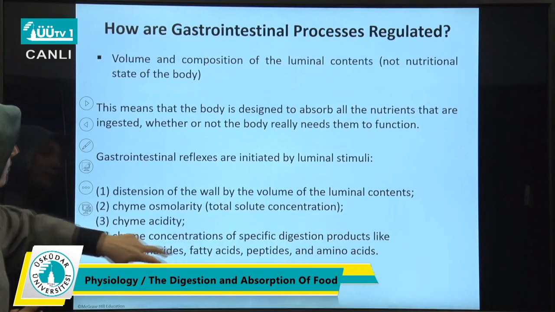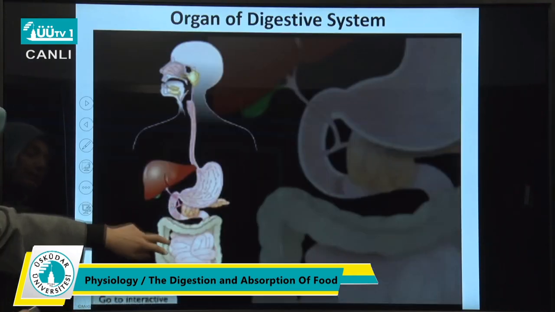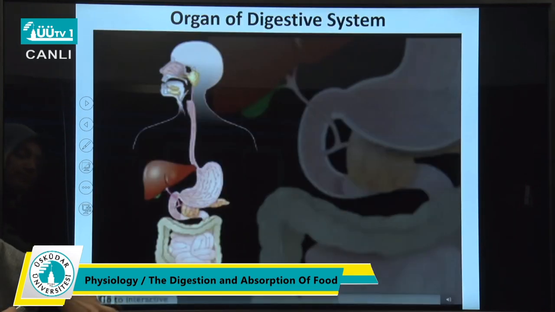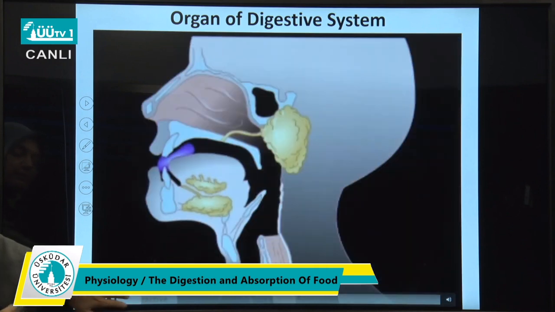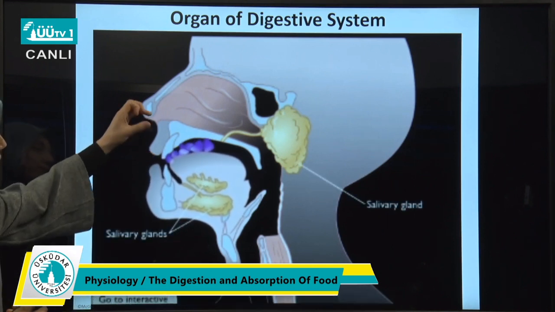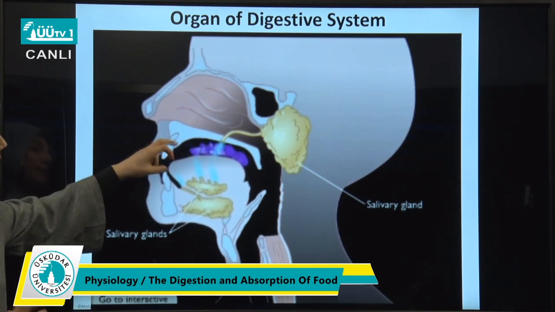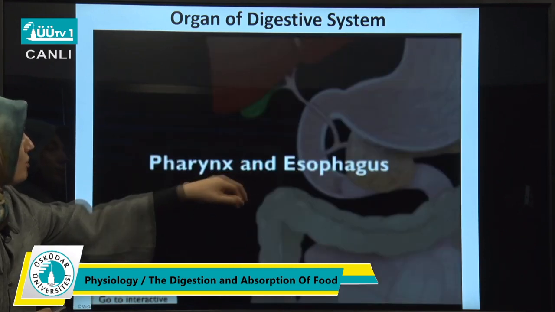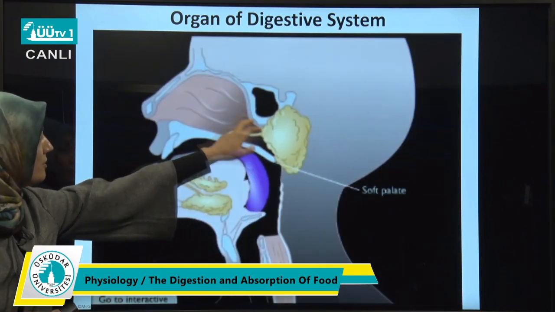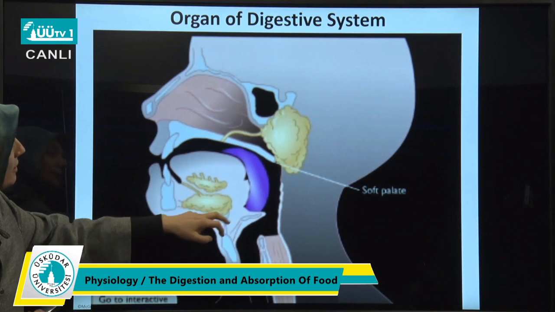In the mouth, the muscles push the food into the pharynx, and then the soft palate blocks the upper pharynx so the food does not enter the nasal cavity, and also food passes over the epiglottis.